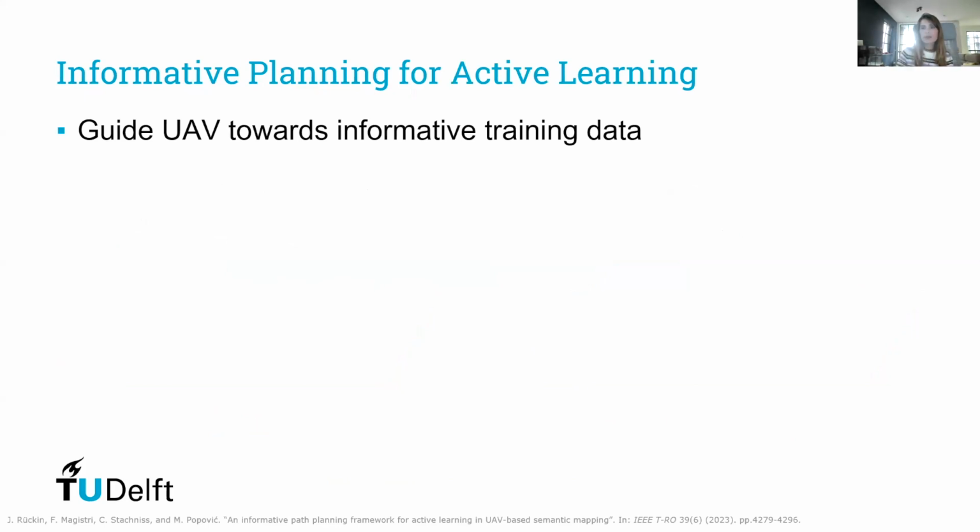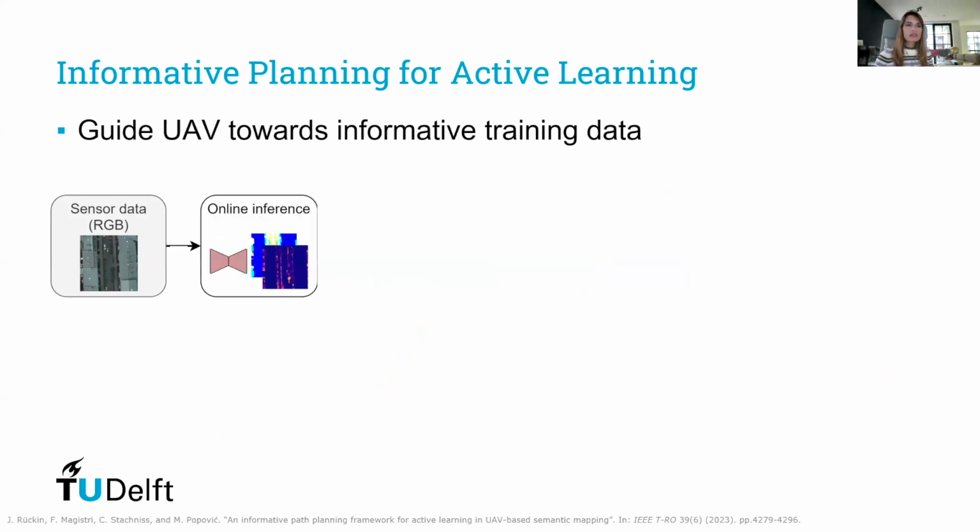Now let's say we have a UAV. It has a downward-facing camera, just like in the examples that I showed. For example, RGB camera or RGBD. Then, during a mission, the UAV carries a lightweight semantic segmentation network. It uses that to predict semantic labels and the model uncertainties in the image. These are the two images that you see over here.